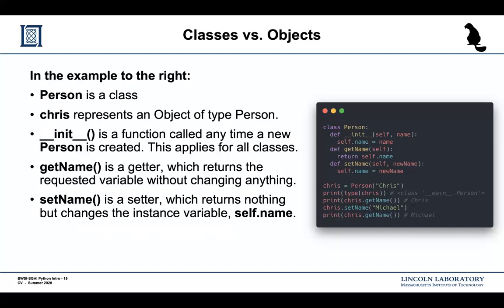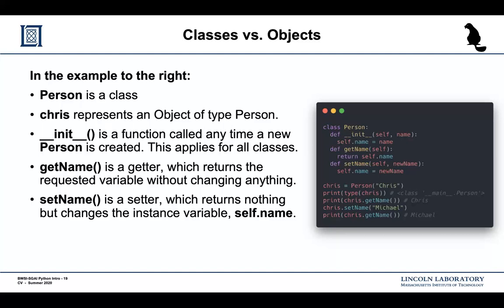Yeah. And most commonly, you'll have getters and setters for a lot of your instance variables. I could technically call Chris.name, right, with no parentheses or anything in order to get the name. But that's not really a good way to go about it. I always recommend using getters and setters because in these getter and setter functions, you can control how the data is accessed and how the instance variables are exposed, right?